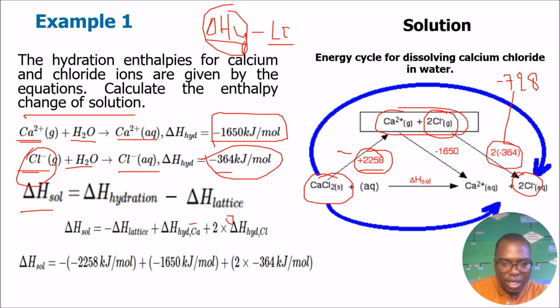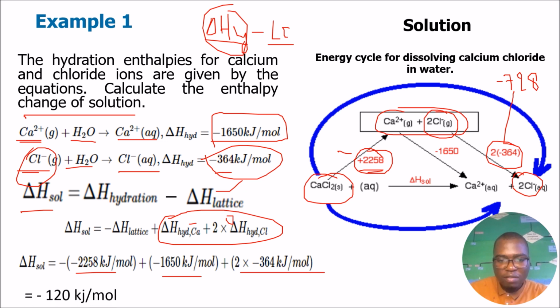This lattice energy here, that is the one that is here, then this hydration energy was just put on the other side, which is not a big deal. So this and that is what was giving us the minus 2378. The minus and the minus gave us a positive when you plug into this one, and then you eventually come up with negative 120 kilojoules per mole.